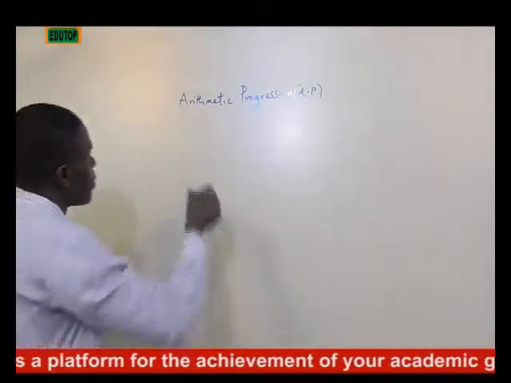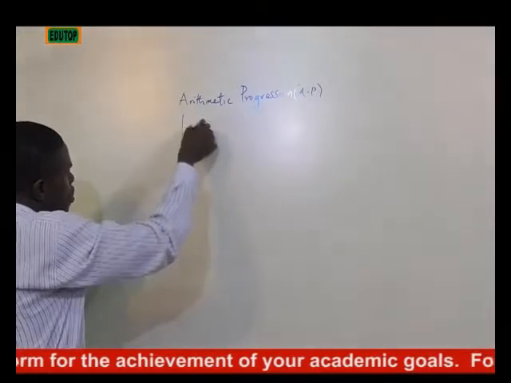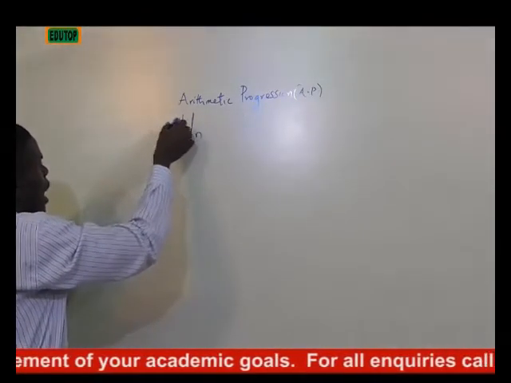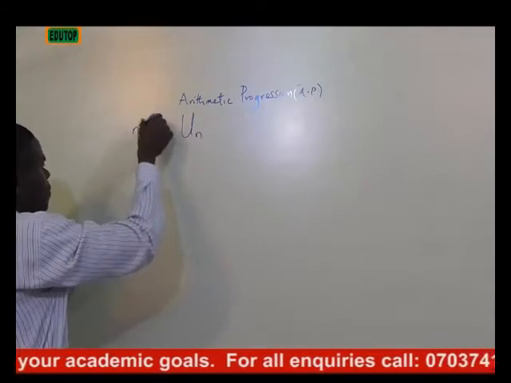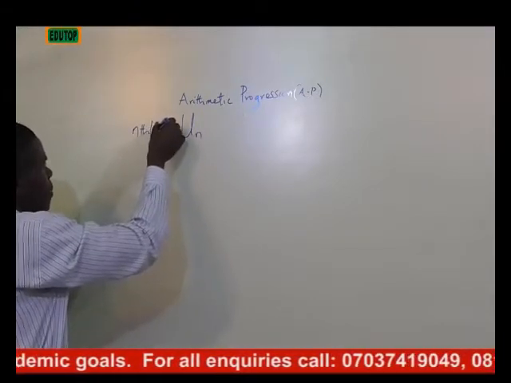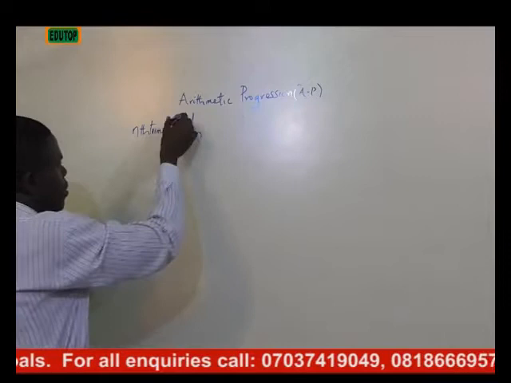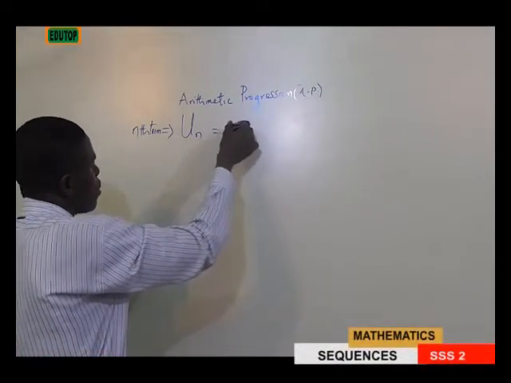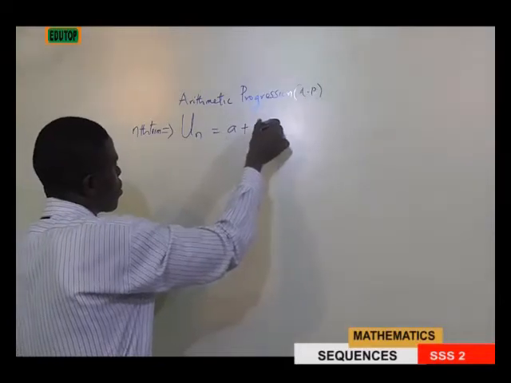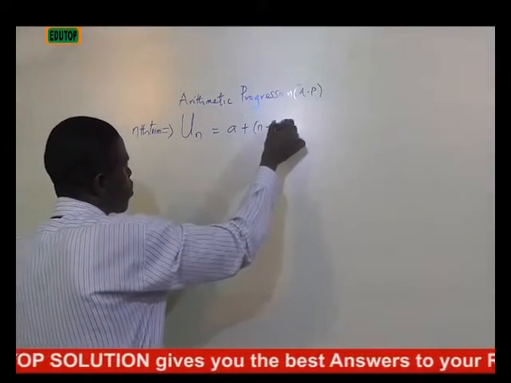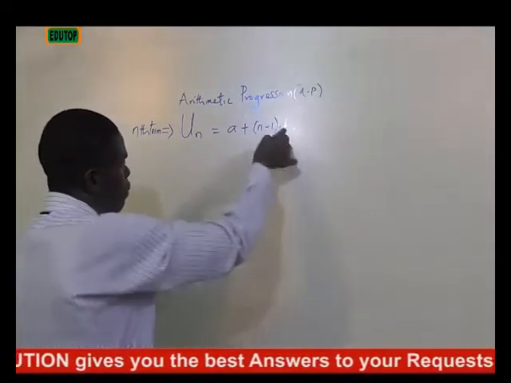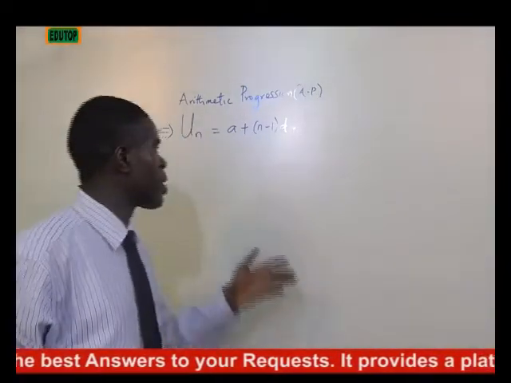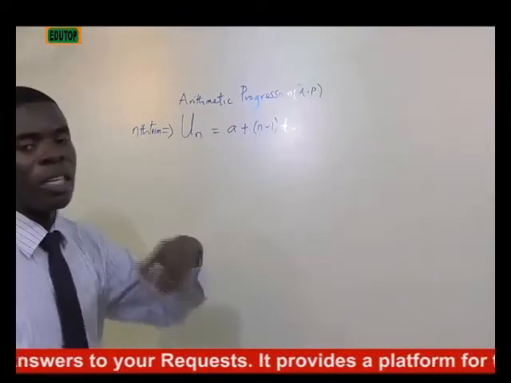I will introduce the first one, which is known as the nth term. It's usually denoted by Un, which is equivalent to a plus (n minus 1)d. So this is the formula for calculating the nth term of arithmetic progression.